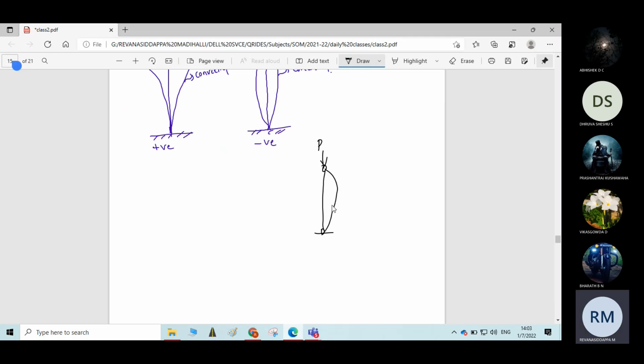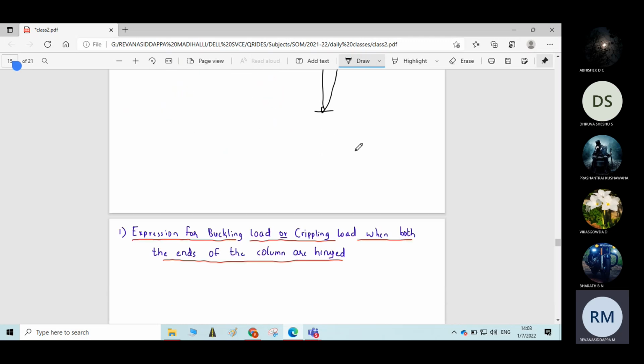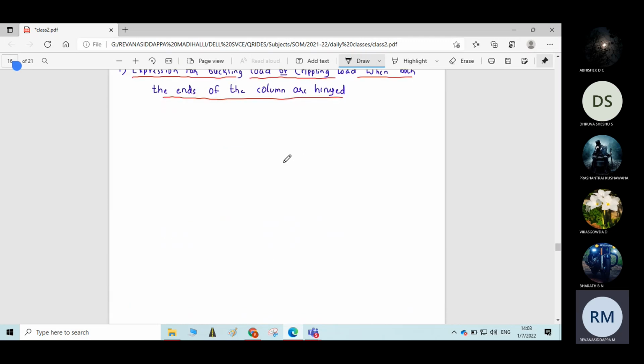Now I will draw the same figure. In our external examination, out of these 4 derivations, there will definitely be a question on a particular derivation. The dotted line I have drawn is the central line of the column.